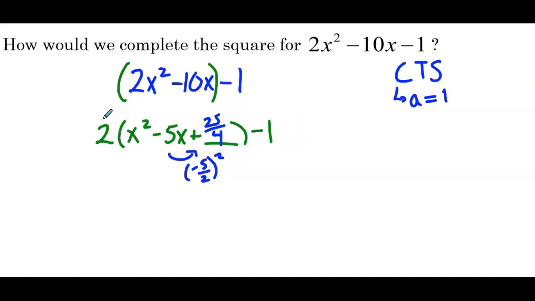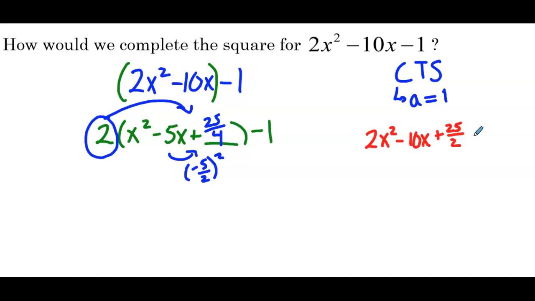And that's because if I went to simplify, the first step would be to take the 2 and distribute it back out to every term inside the trinomial. So let's look at what that would look like. If I distribute that 2 out, I'd have 2x squared minus 10x plus 25 over 2, minus 1.